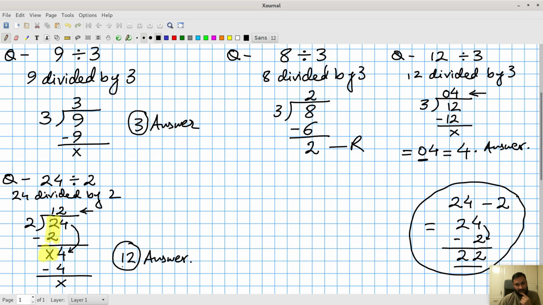So this was an example of a type of division in which we had two steps, 2 steps or 2 levels of division. Remember that. When the numbers start increasing in size, the number of levels of division would increase.